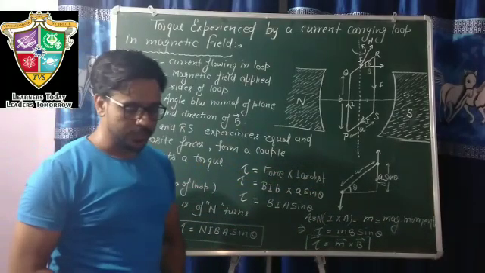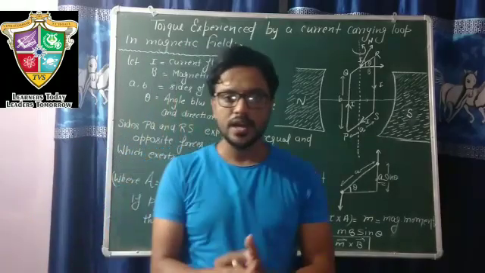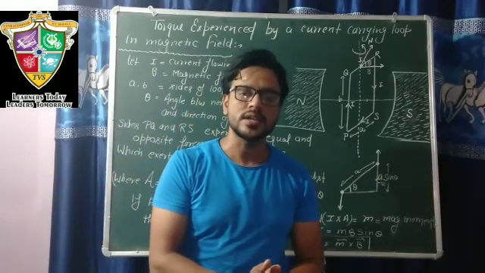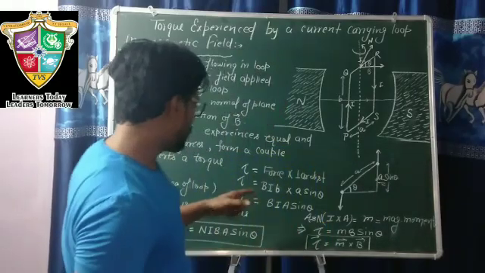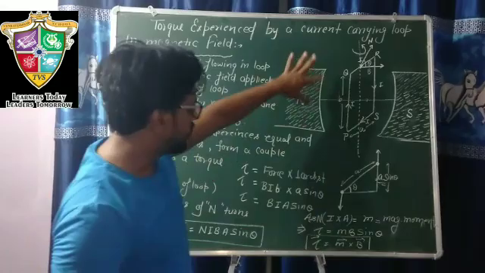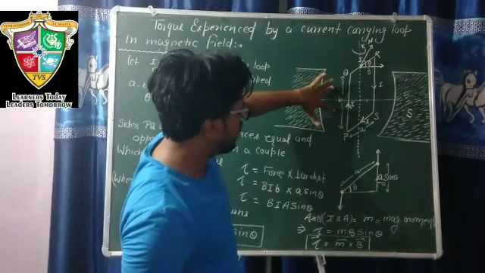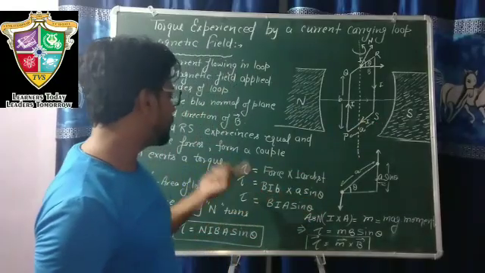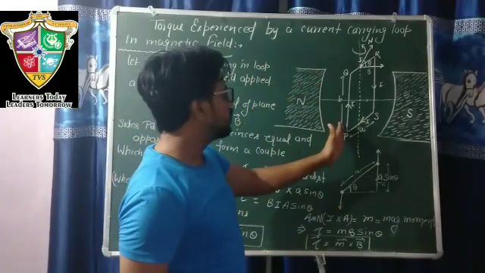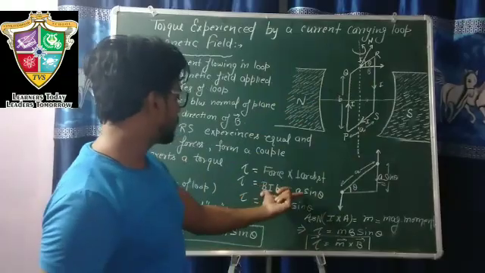We know the force experienced by a current carrying conductor is BIL, where L is the length of the conductor, I is the current flowing, and B is the magnetic field. So the force is BIb, where b is the length, and the perpendicular distance is a sin theta. So the torque experienced on arm PQ or RS will be this.